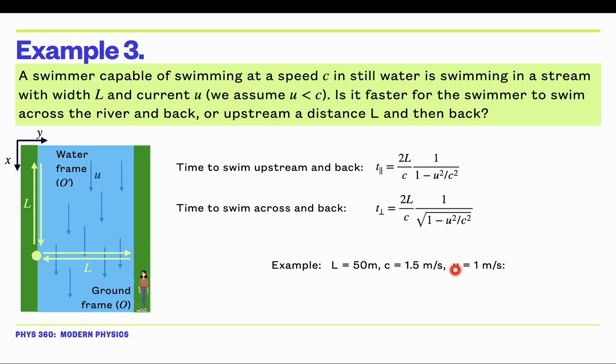If you take all of these values and plug them into our two equations, we see that the time it takes to swim upstream and then back is 2 minutes exactly. And then to go perpendicular is 89 seconds, or about 1.5 minutes. So it's quite a bit faster to swim across the river and then back than it is to swim against the current and then swim back down. So this is the faster one.